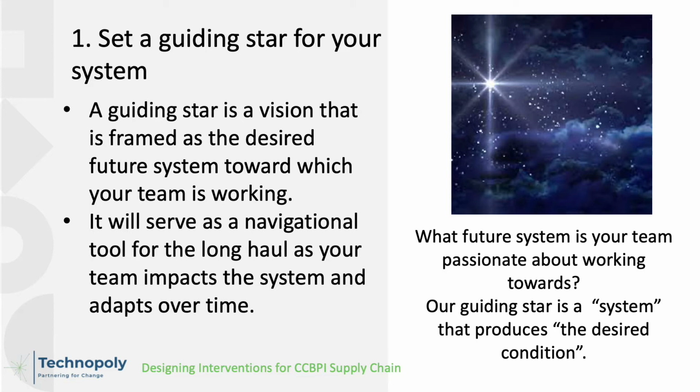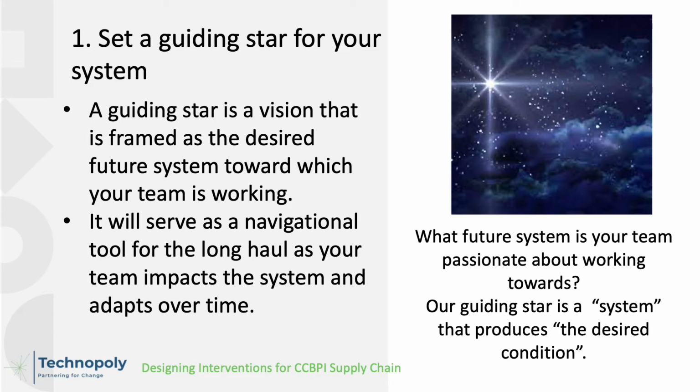When clarifying your system, we need to know what the guiding star is. A guiding star is similar to a vision of the organization, where you frame it so that we understand what will motivate the system. We also need to define the guiding star so the team in this endeavor will understand the reason why the system exists in the first place.